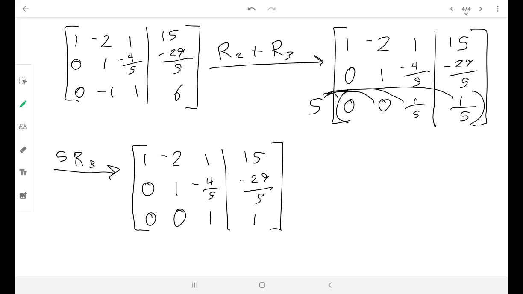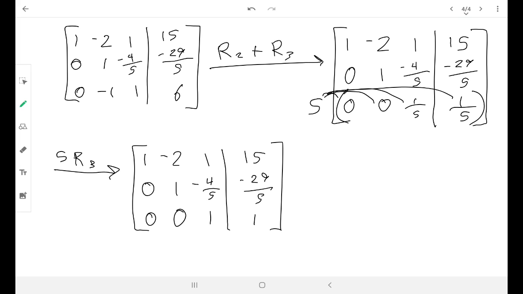So now that's row echelon form, but that's not the goal. The goal is reduced row echelon form. So I am done with row 3 as far as that goes. But now what I want to do is do more with this.